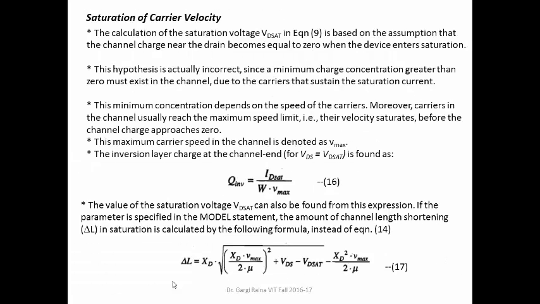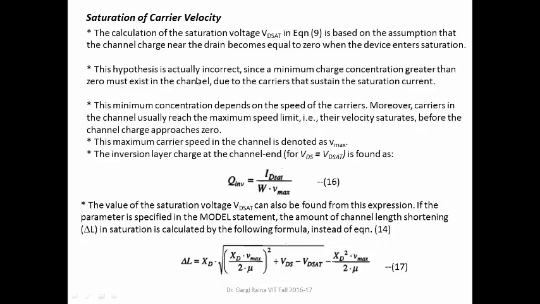Then another parameter that we look at is the carrier velocity, the saturation of the carrier velocity. The calculation of the saturation voltage VDSAT is based on the assumption that the channel charge near the drain becomes zero when the device enters into saturation.